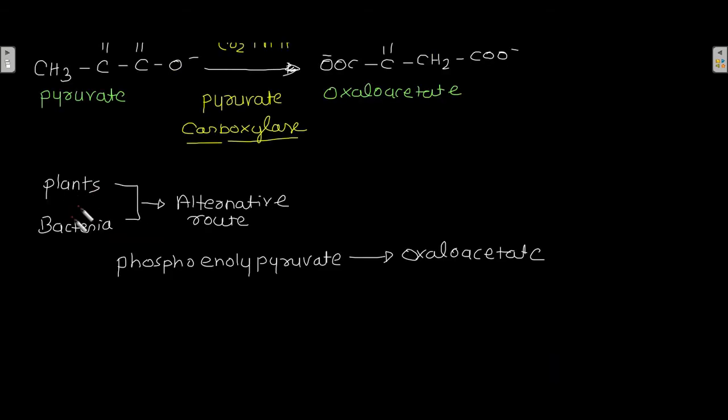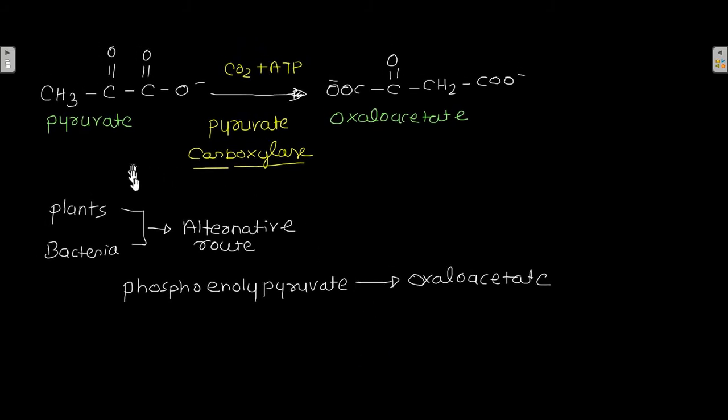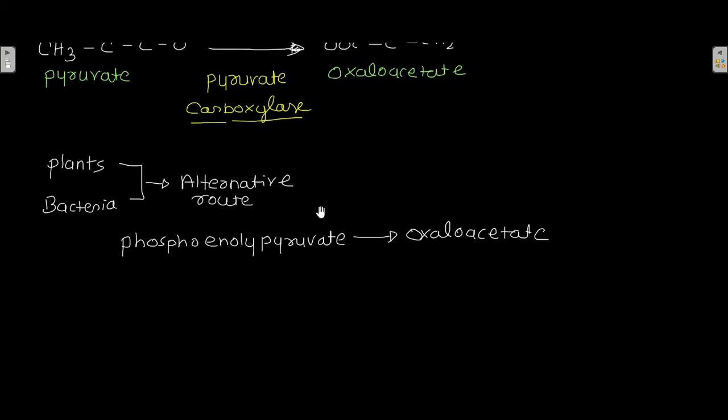Now, in plants and bacteria, there is an alternative route by which phosphoenolpyruvate is converted into oxaloacetate. In animals, phosphoenolpyruvate is converted to pyruvate, and then that pyruvate is converted into oxaloacetate. But in plants and bacteria, there is a direct conversion of phosphoenolpyruvate into oxaloacetate. They have an alternative route for that.